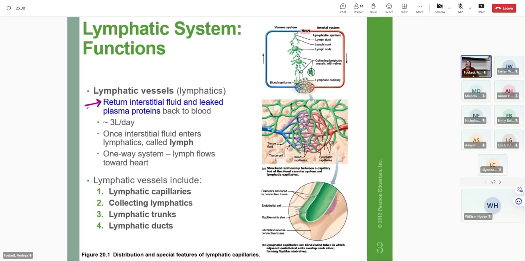Same idea, except here this is not important for exchange of gases or anything, but structurally very similar to those blood capillaries. So the wall of these capillaries will only have a single layer. Remember, you still have that tunica intima, the innermost layer, simple squamous epithelium, which is called endothelium. Same deal here, single layer.